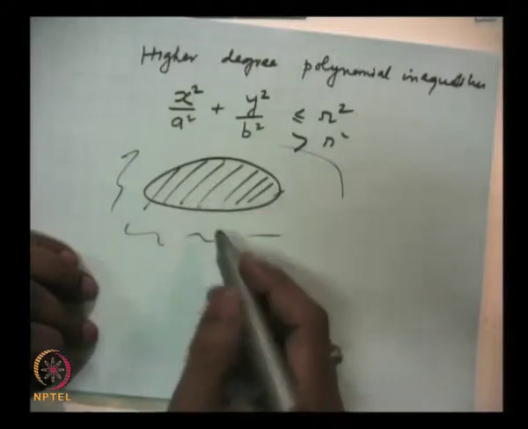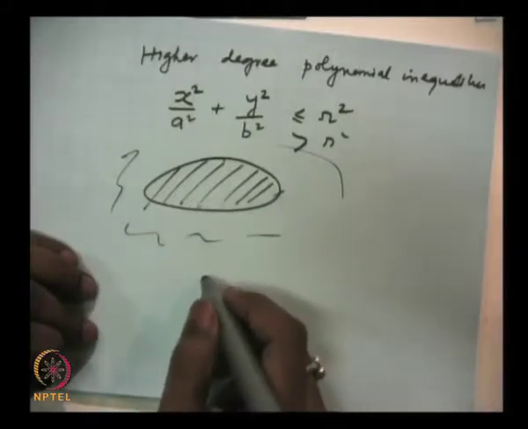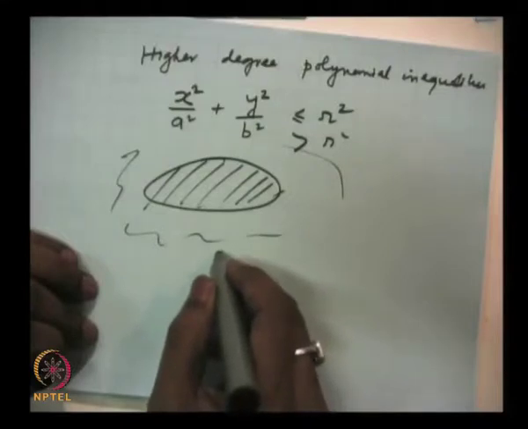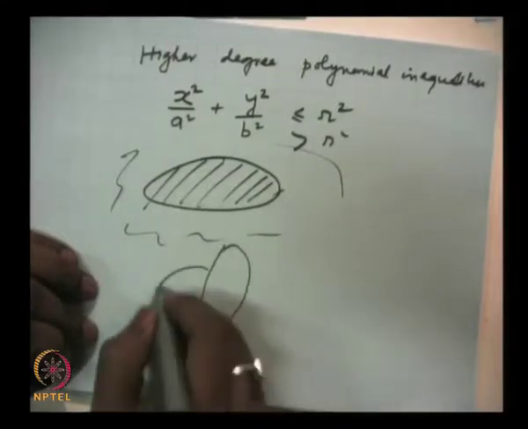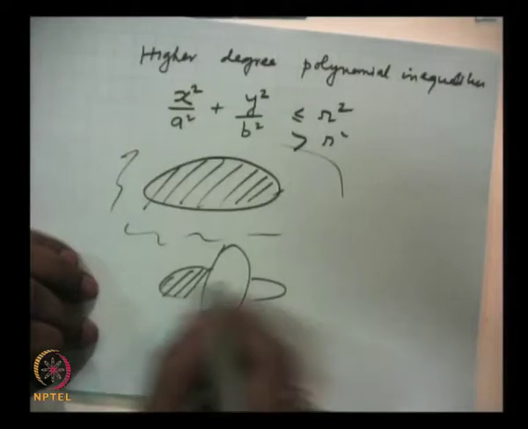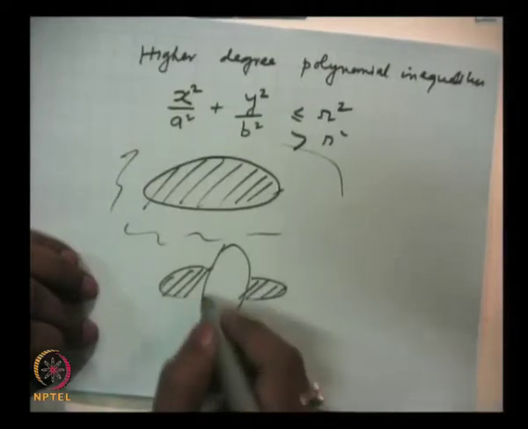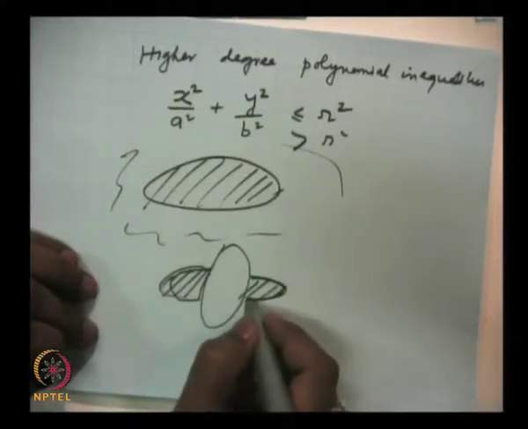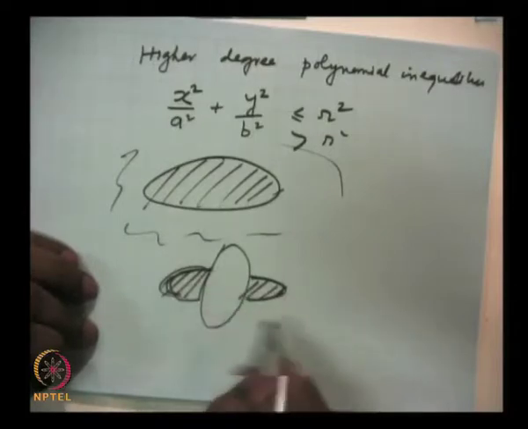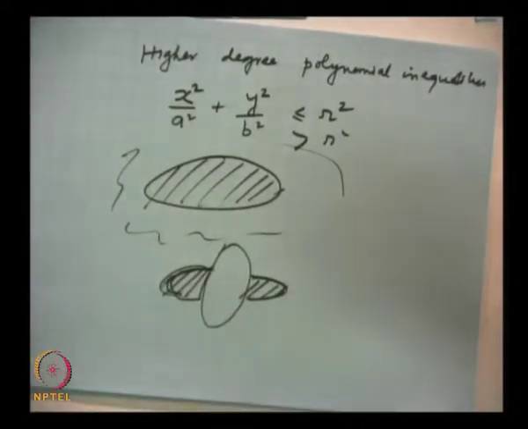So if you take the intersection of two degree 2 equations, you could end up with... I have taken an ellipse like this and an ellipse like this, I take one greater than, one less than, and the intersection can be not one connected component. So the moment I go beyond degree 1, I can't say that the intersection of two such higher degree polynomial inequalities is one connected region.